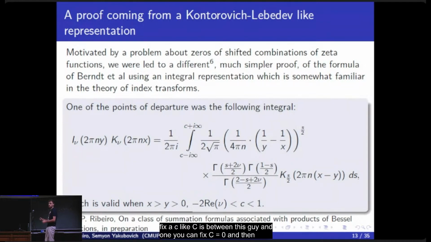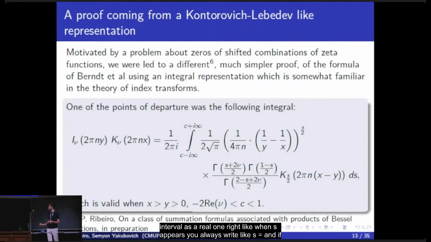And then rewrite this integral as a real one. Like when S appears, you always write S equals minus iT, for instance. And then the integral becomes from minus infinity to infinity, just changing variables.